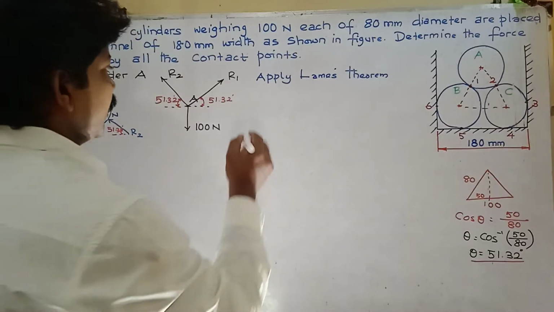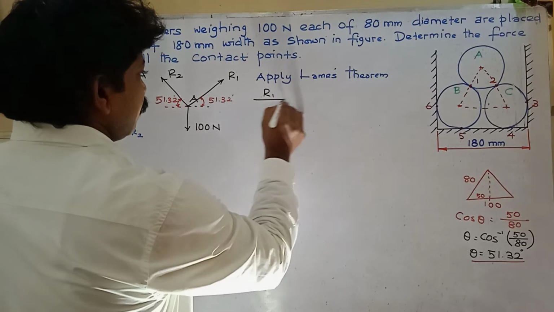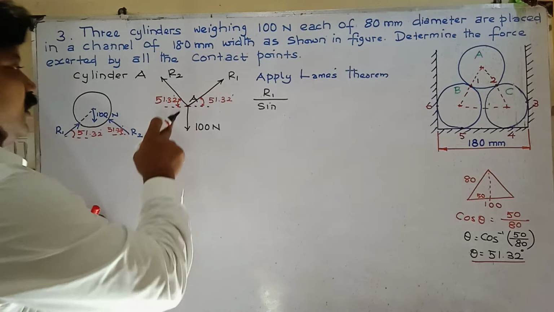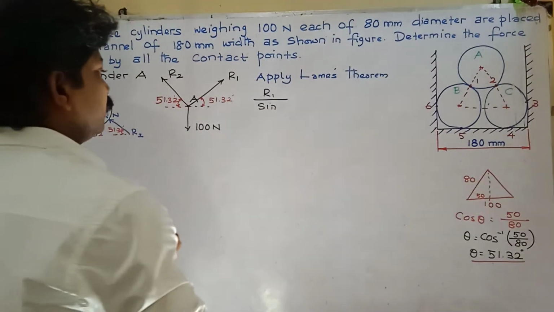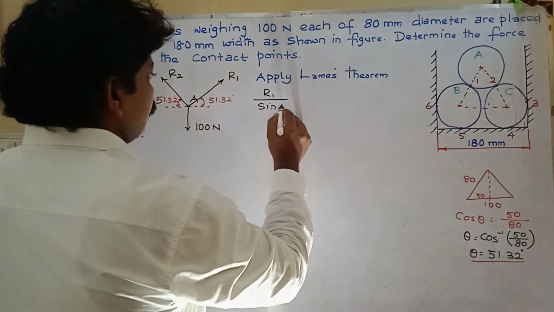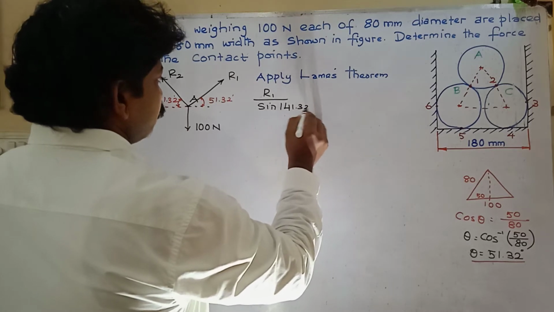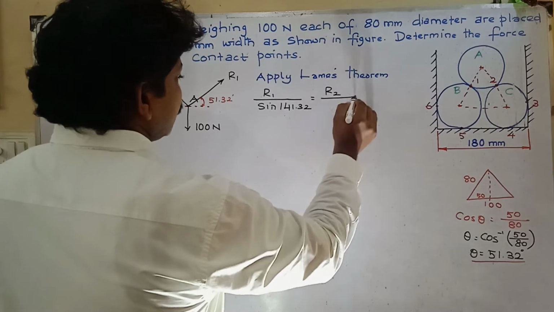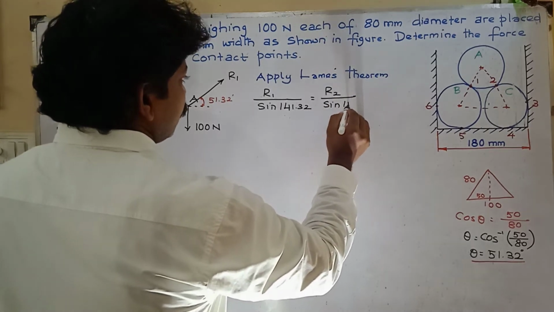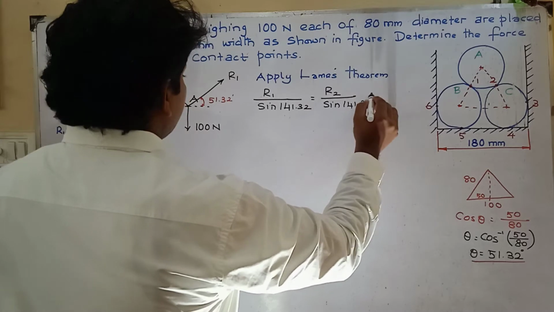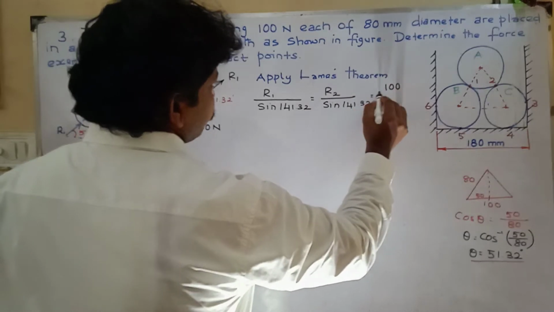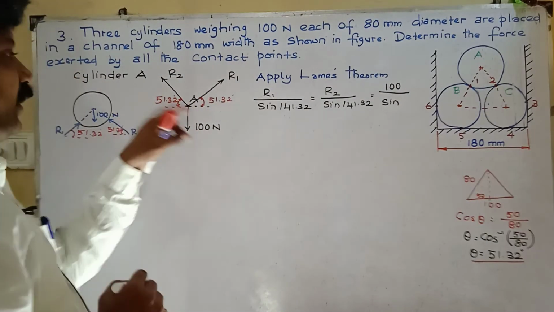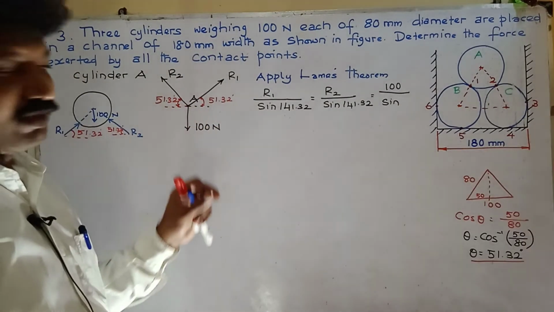So R1 divided by sine of the opposite angle, 90 plus 51.32, that is 141.32, equals R2 divided by sine 141.32, equals 100 divided by sine of the angle between R1 and R2.